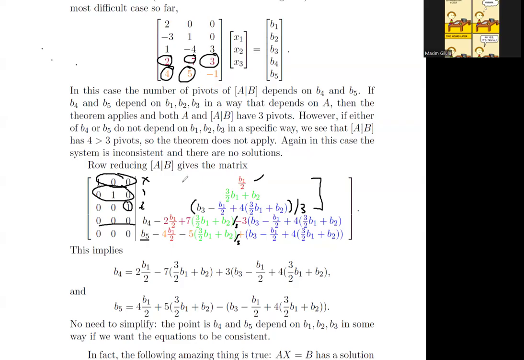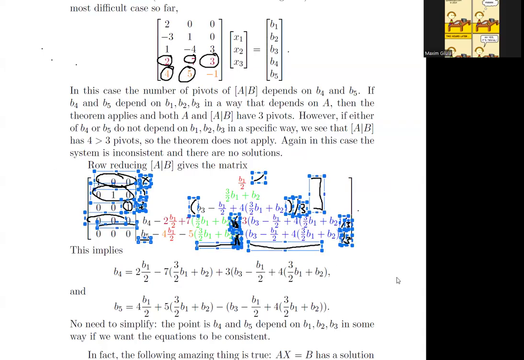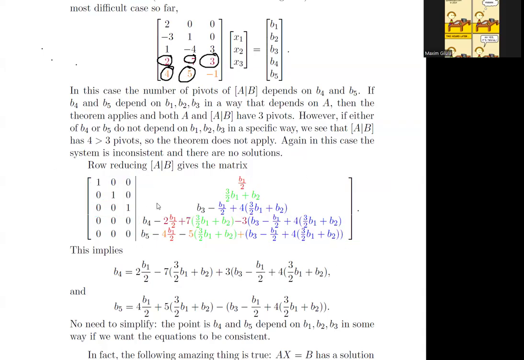I subtract 5 whatever y is, and I add a z. Oh, sorry, that's divided by 3, not the other one. So if I do this process, I get solutions for B4 and B5 in terms of B1, B2, and B3.